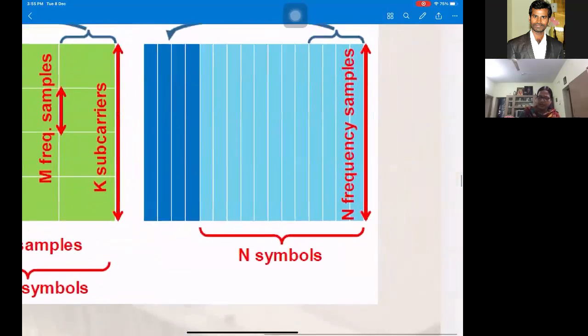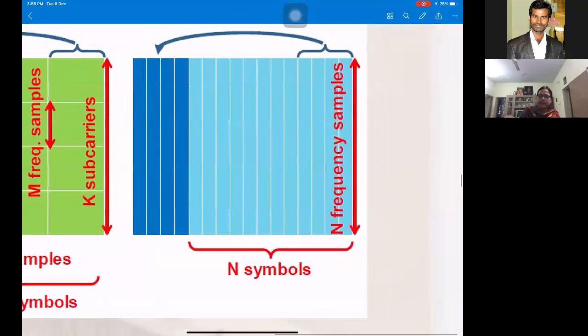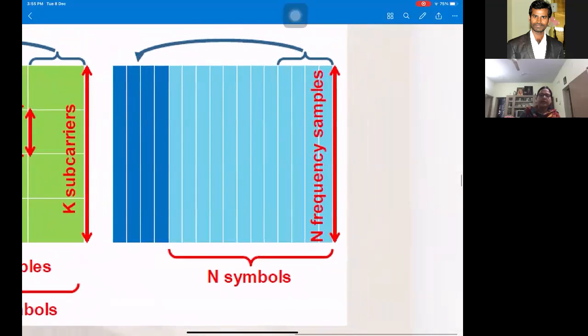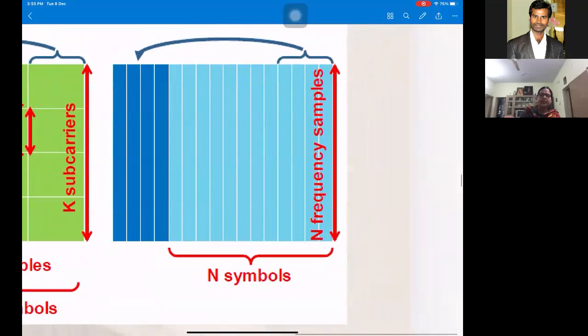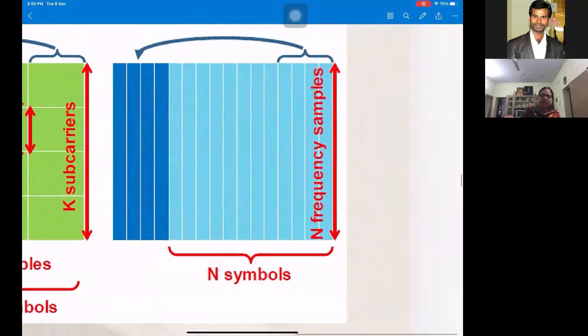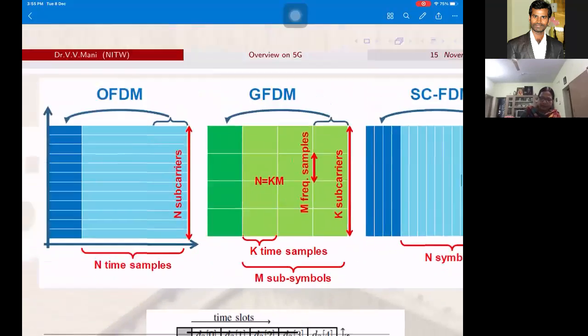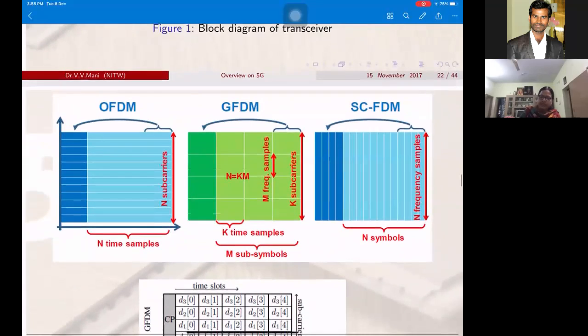So try to see this one. We are sending N symbols. Okay. So these N symbols are on each subcarrier, and N frequency samples.